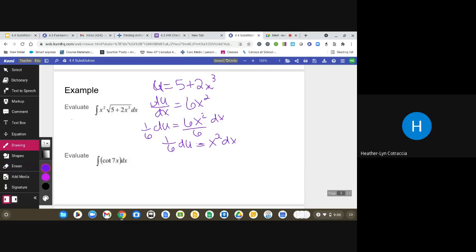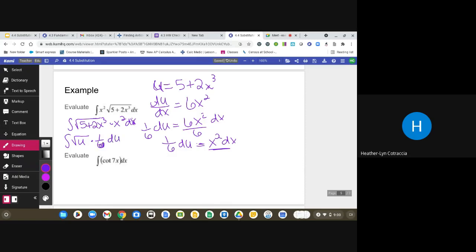Okay, so we're going to have the integral of the square root of 5 plus 2x to the third times x squared dx. So we're ready to make our substitution here. We know that this would be the same thing as the square root of u, because u is 5 plus 2x to the third, and then x squared dx is equal to 1/6 du.